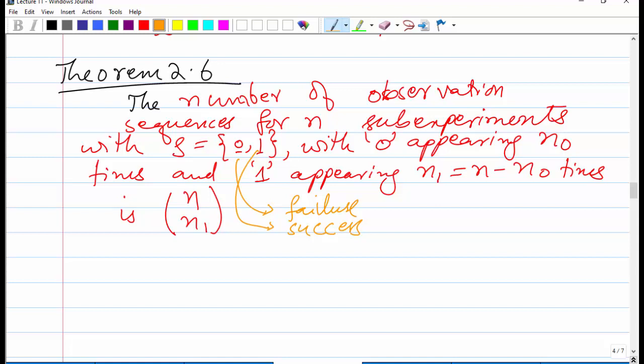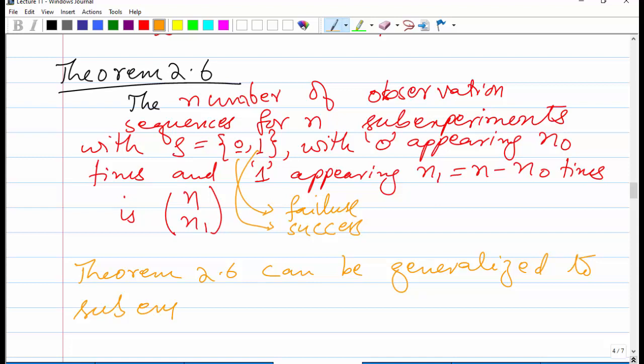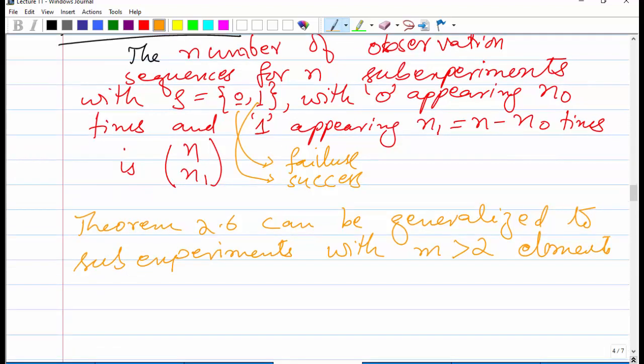So this theorem, theorem 2.6, can be generalized to sub experiments with m greater than 2 elements. Means sample space, here we have just 0 1, it can have more than 2 elements in sample space.